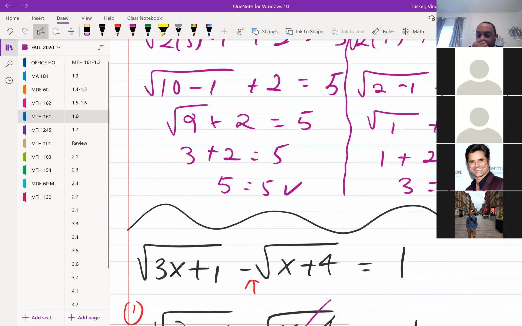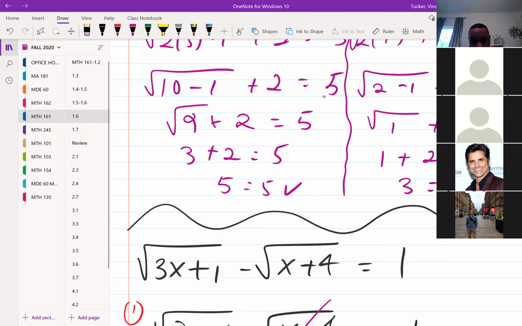All right, the next one. Square root of 3x plus 1 minus square root of x plus 4 equal to 1. So this time we have more than one radical. All right. Step 1 is to get one of those radicals to one side of the equation alone.